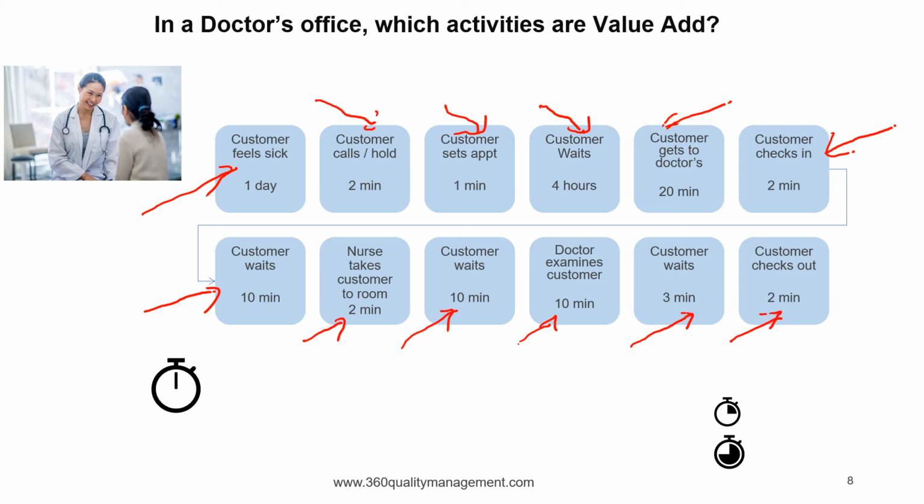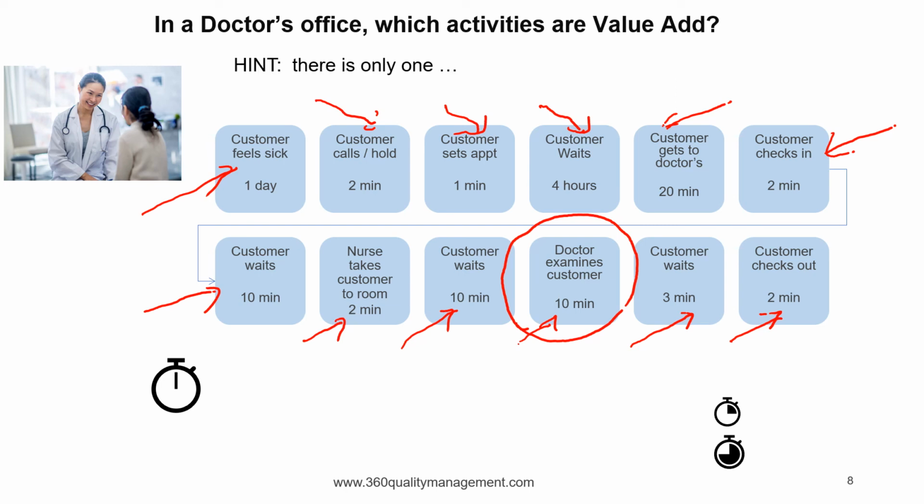So out of these 12 steps of getting to the doctor and getting the doctor to examine the customer, which one is value added? There is only one activity that is value added here. If you say that this one, the doctor examines the customer, then you are correct.